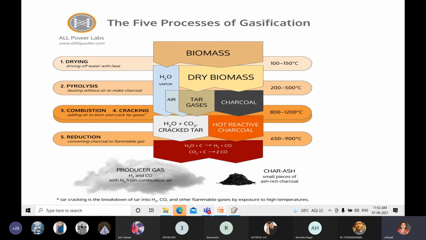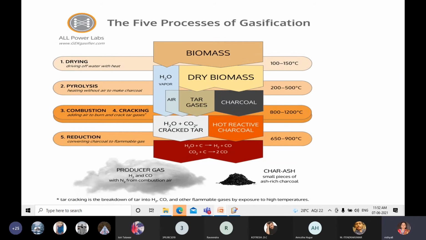We have already discussed that. Next, the fifth, is the reduction process. Here you can observe the equations we have written in the blocks. Okay, CO2 plus C. What do you mean by CO2? Carbon dioxide. What do you mean by C? Carbon.